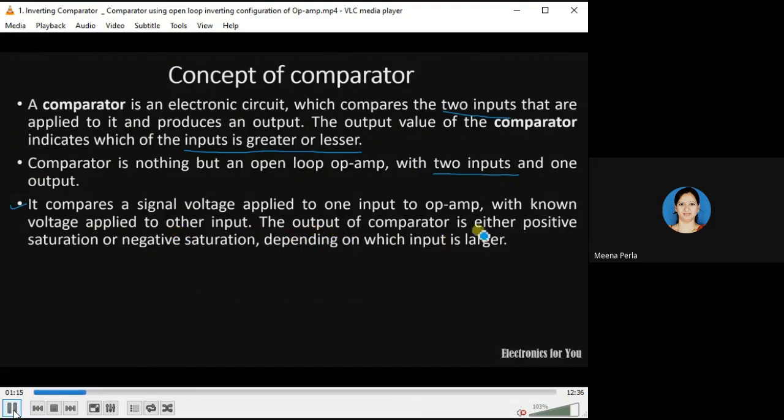The output of the comparator is either positive saturation or negative saturation, depending on which input is larger. We have a known voltage that is DC type. So this output can either be positive or negative, depending on which input is larger.